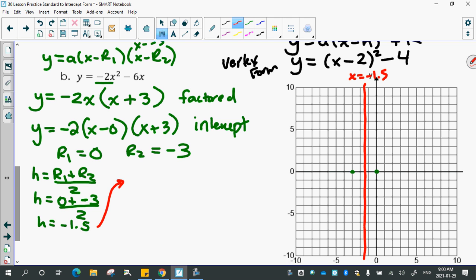To get my k, I substitute h into this intercept formula. So k is going to be -2. That's where I got the -2. Bracket. That's where I got the bracket. Replace x with -1.5 minus 0. Replace x with -1.5 plus 3.